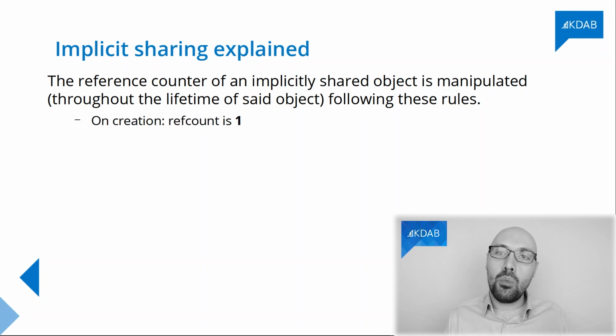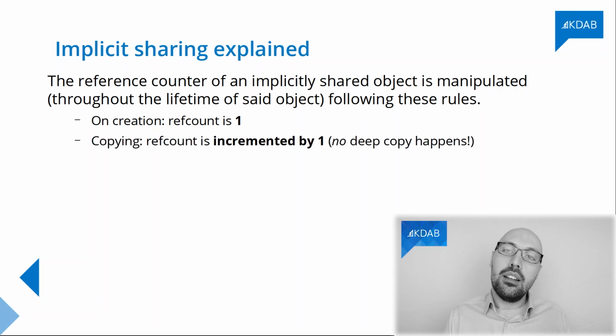So the way this works is like this. When you create an instance of an implicitly shared class, that instance starts its lifetime with the reference counter set to 1. And that's because there is only one instance referring to that particular payload, and so the reference counter is indeed 1.